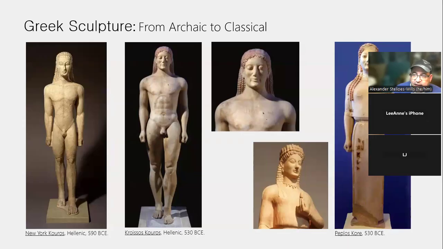Okay, and then let's look at Greek sculpture. In Greek sculpture, we similarly have a transition from the archaic period into the classical period. Here we're looking at some very archaic looking ones.